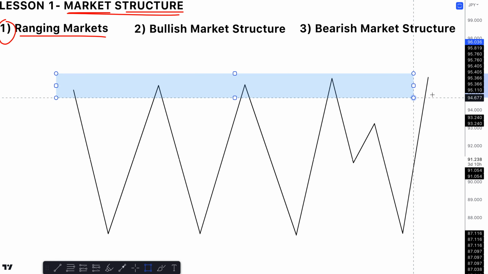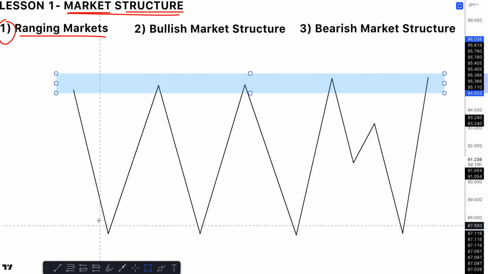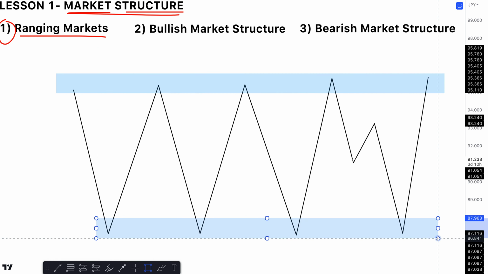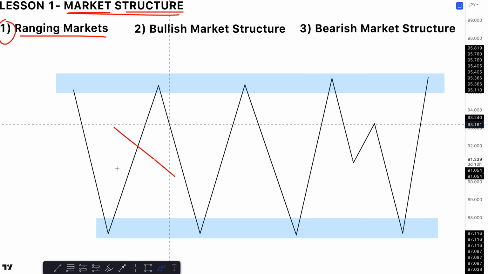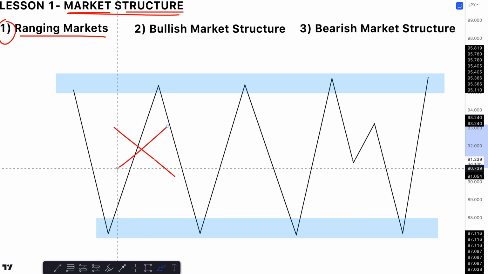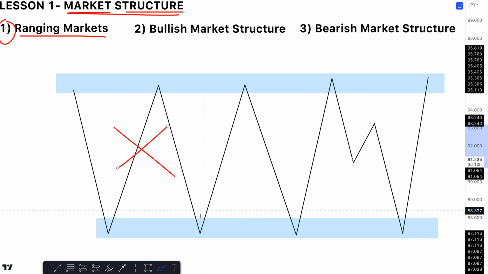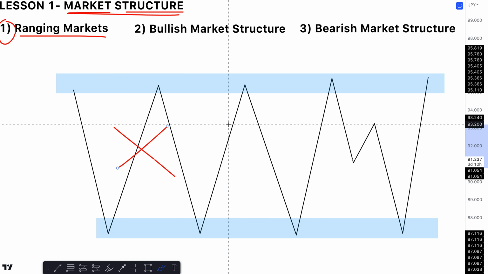This is our upper limit and this is our lower limit. We do not want to be trading ranging markets within our strategy, because we don't know the directional bias, we don't know where price is most likely to move.